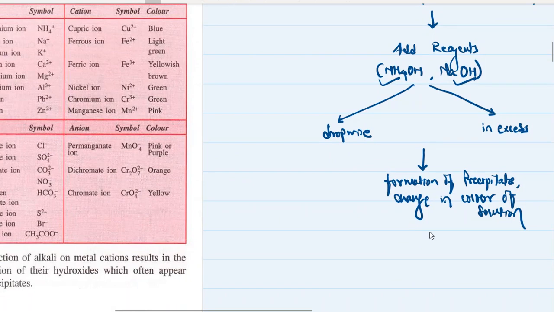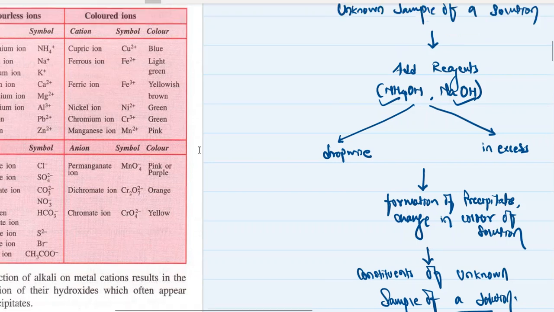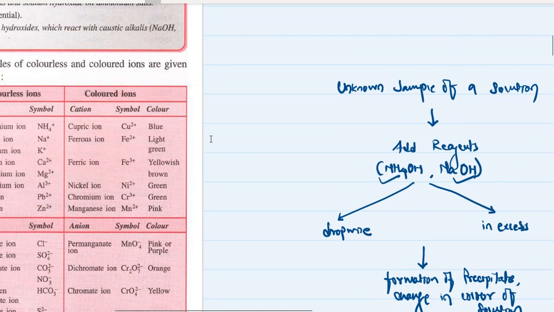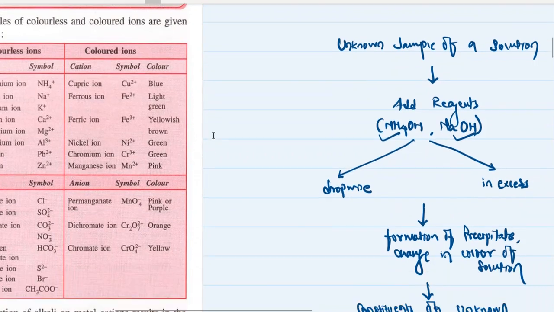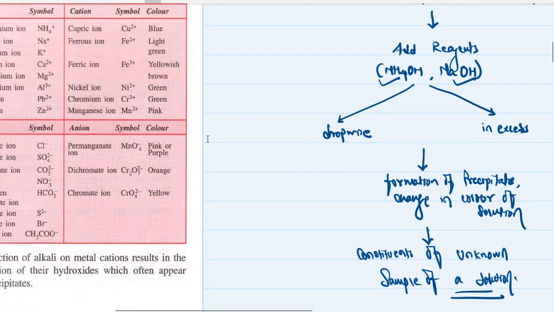So you can figure out the constituents of unknown sample of a solution using these reagents, that is ammonium hydroxide and sodium hydroxide. So this whole process of finding the constituents of unknown sample of a solution using the reagents is known as analytical chemistry. This is what you do in analytical chemistry.